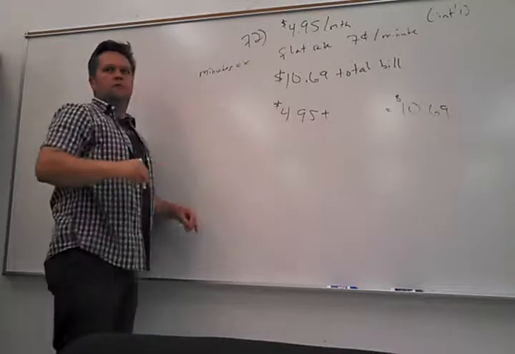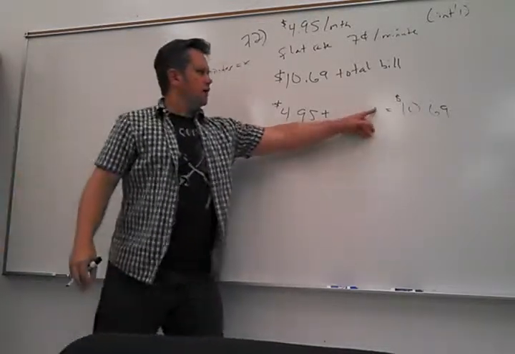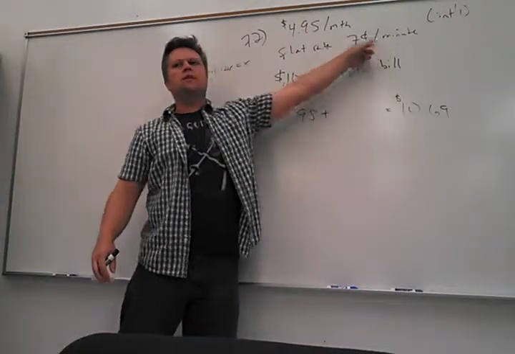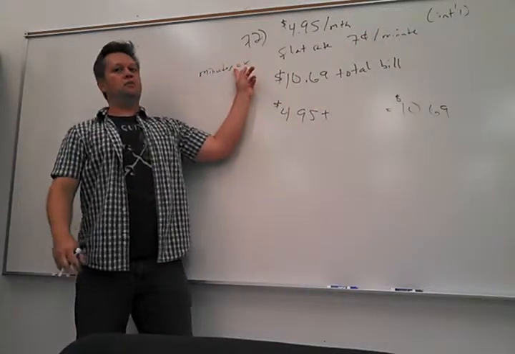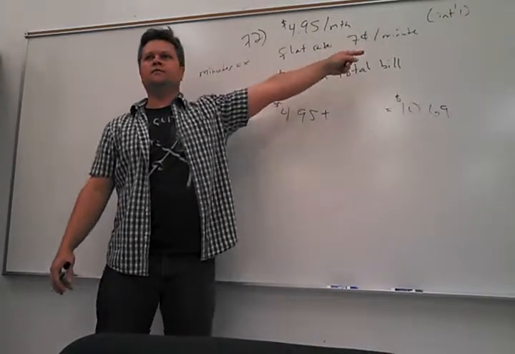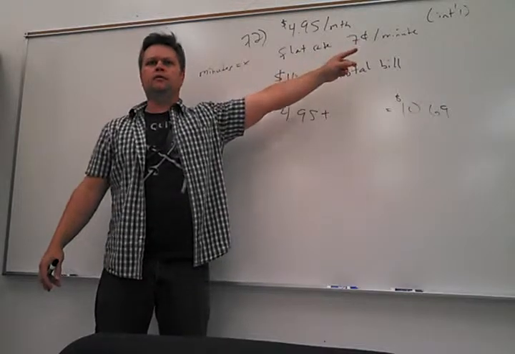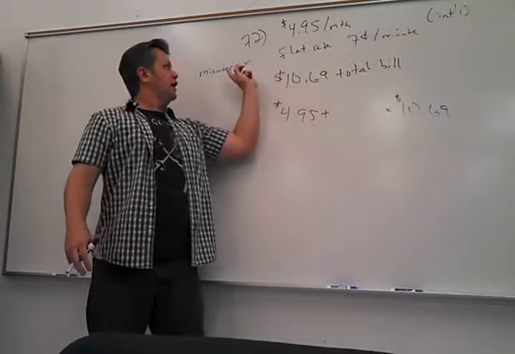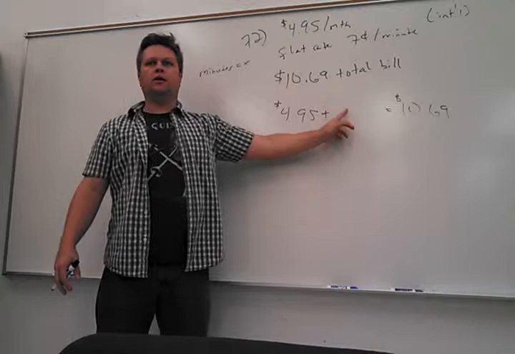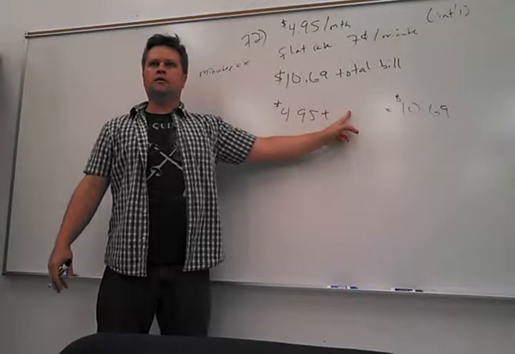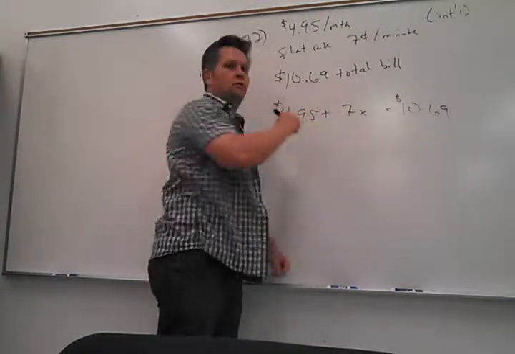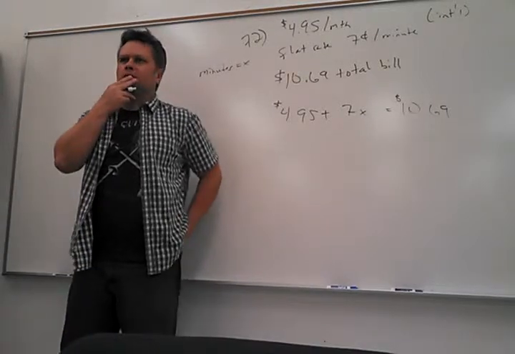Minutes is X. So how do I write that here? If it's 7 cents per minute, and I talked for X minutes. So if I talked for 10 minutes, how much extra money do I have to pay? 70 cents. So I talked for X minutes, how much extra money do I have to pay? 7-ish. Now here's where you've got to be careful. If you write this, why is that horrible?